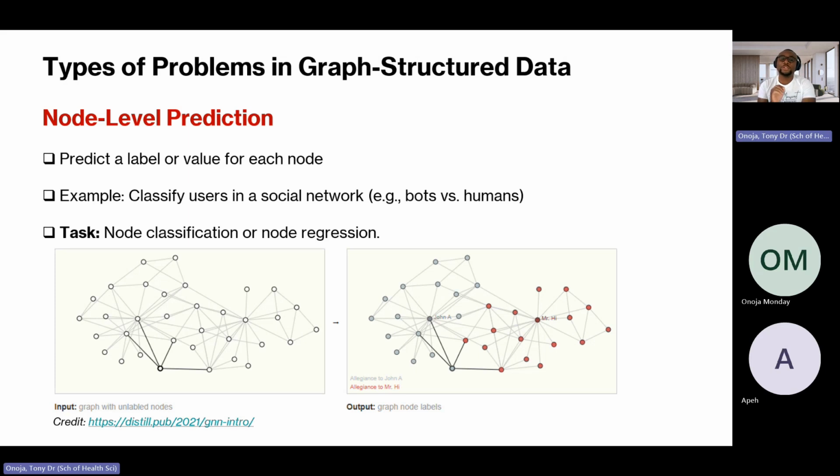An example is if we want to classify users in a social network as bots or humans, because these days, especially with the rise of agentic AI, we are beginning to see that so many organizations want to save a lot of resources by employing AI to do most of the heavy lifting work for them.